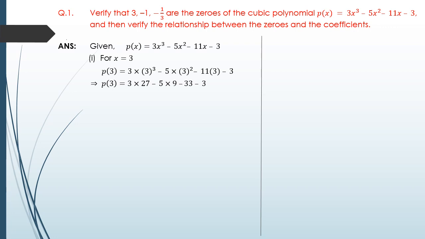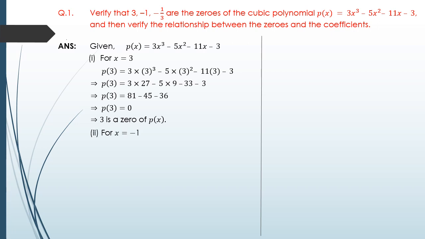Doing the calculations, we'll get 81 minus 45 minus 33 minus 3, which is nothing but minus 36. Solving this, we'll get p(3) = 0. It means that the value of the given polynomial at x = 3 is 0, so 3 is a zero of the given cubic polynomial, right?